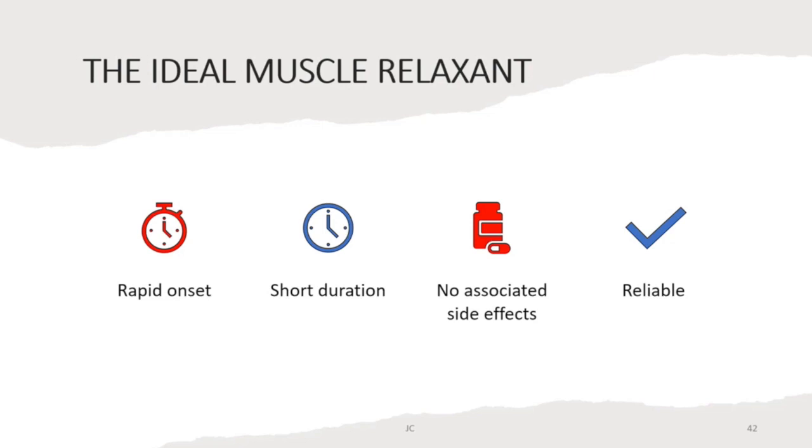But ideally we want a drug that's rapid in onset. So something that within less than 1 minute has all the intrinsic laryngeal muscles paralyzed. Something that's quite short acting, so starts to be metabolized within 5 to 10 minutes and is washed out after 15. Something that is quite safe and free of adverse effects.